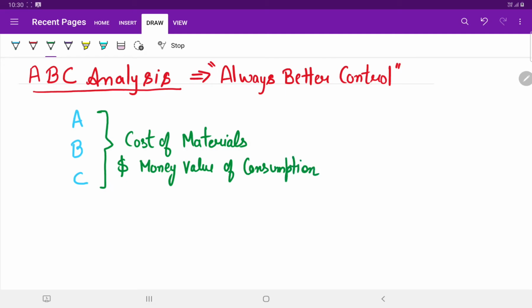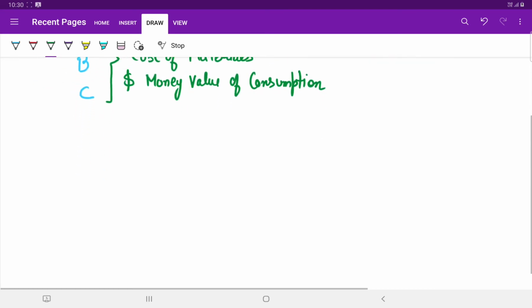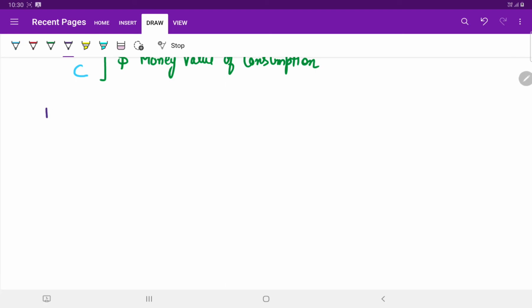So these are the basis for classification of inventory items. Now let us understand what are these A, B and C items. So number one, what are the A items?